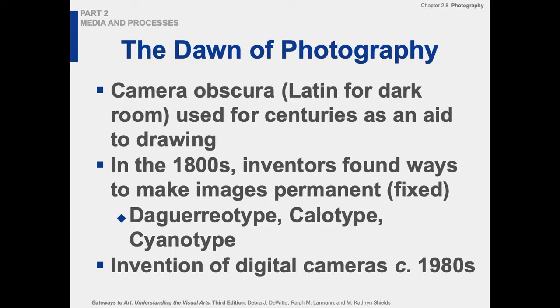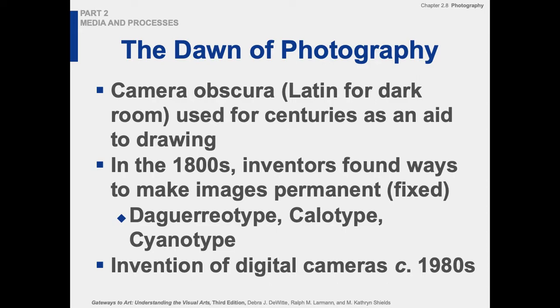So in the dawn of photography, before we actually had photographs where we're looking at an image that's captured, there was a thing called a camera obscura, a dark room, and it was a drawing aid. So the camera itself that we know of that snaps photographs and captures them, that didn't happen until the mid-1800s.